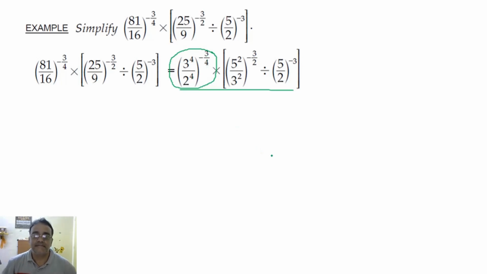A to the power m upon b to the power m is equal to (a by b) whole to the power m. Right, okay.